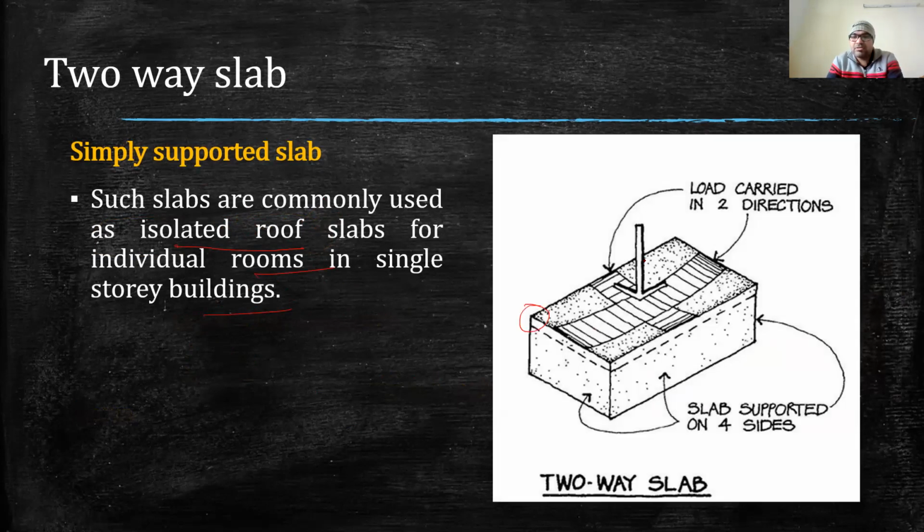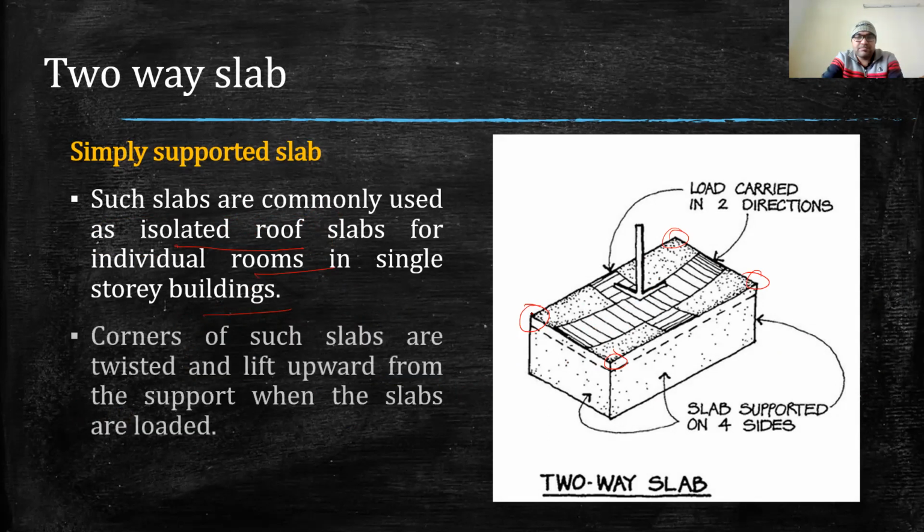And the corners will lift up when the load comes down, and therefore the load carrying capacity of the slab is also less as compared to the restrained slab. So corners of the slab are twisted and lift upward from the support when the slab is loaded.